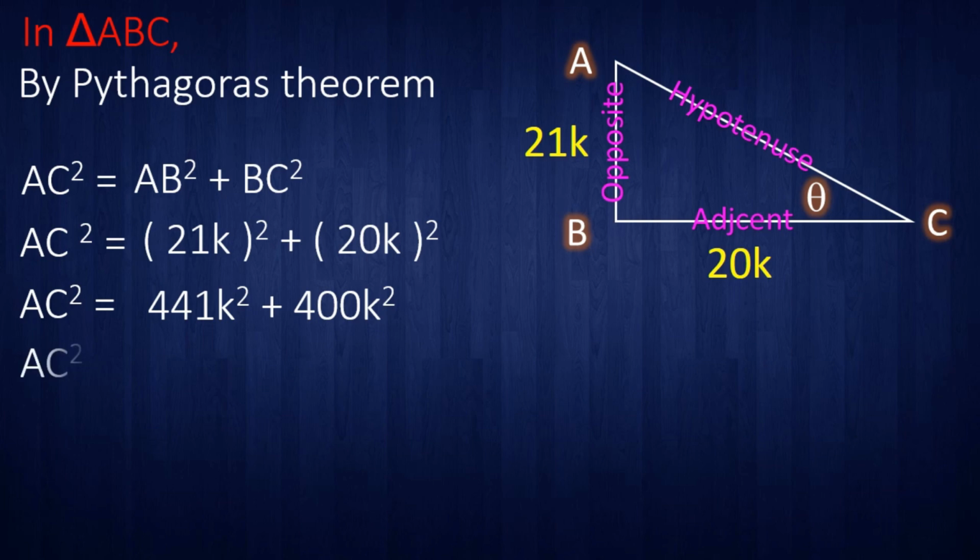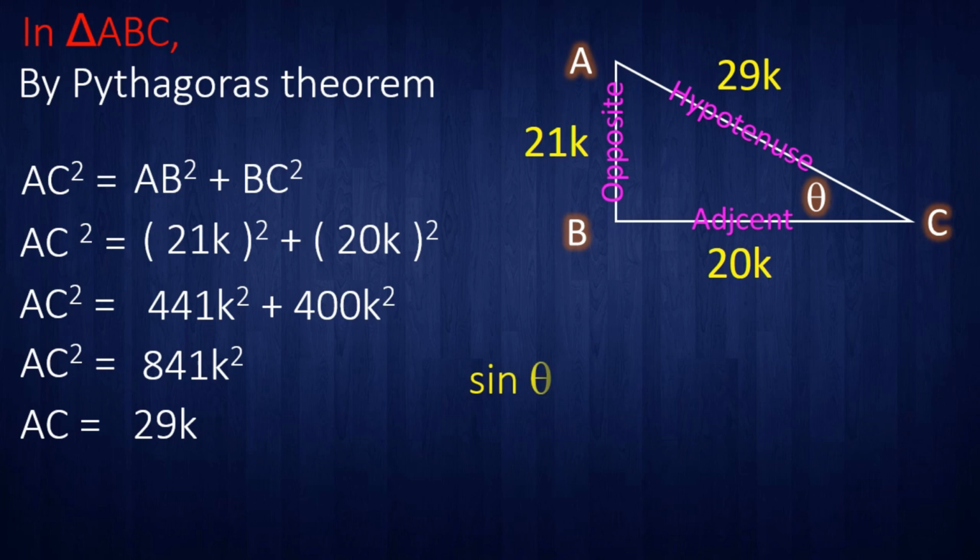Add them, 841K square. Students, take square root. Square root of 841 is 29 and square root of K square is K. So AC we got 29K, shown in the figure.